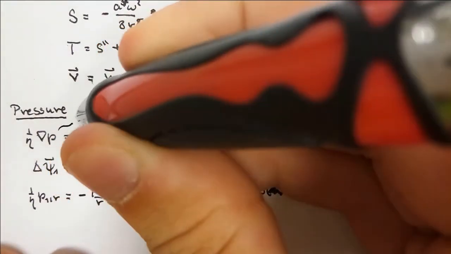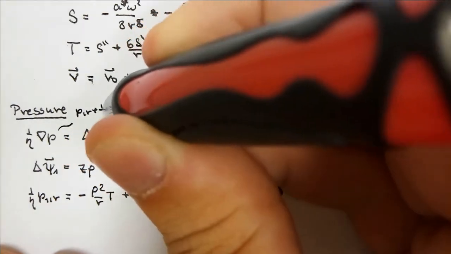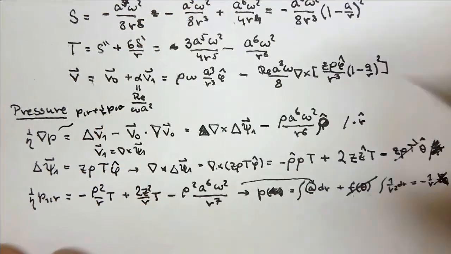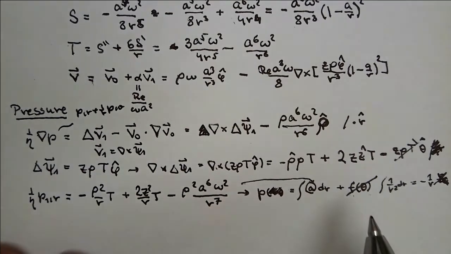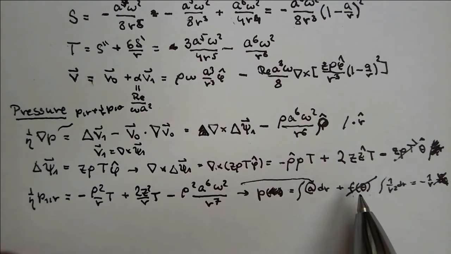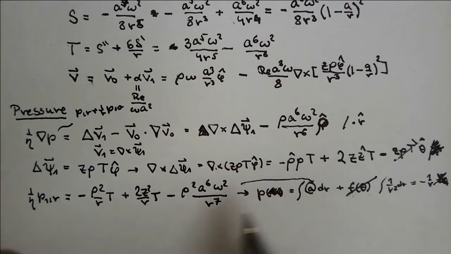So the gradient should be the derivative of p with respect to r plus 1 over r times the derivative of p with respect to theta. This is the reason why there is f with respect to theta, not with respect to rho. It will be easier. Why?